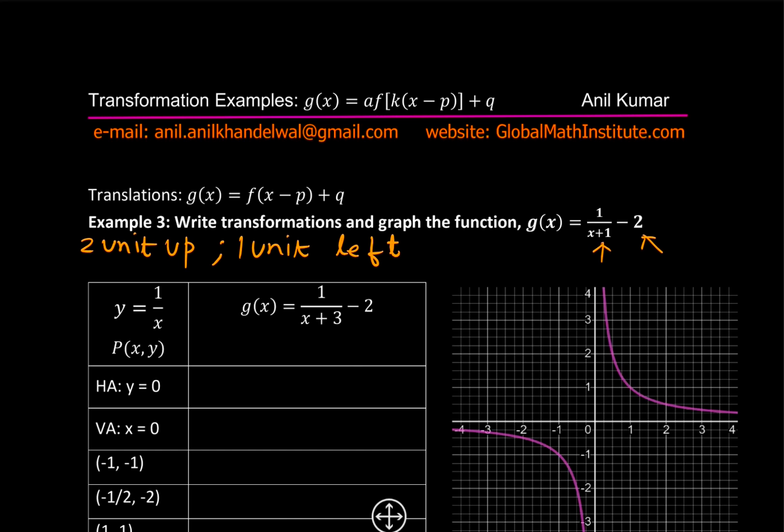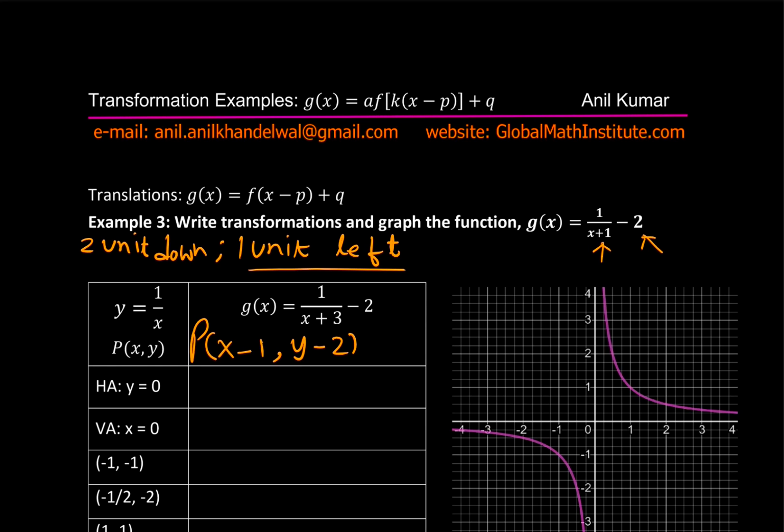Now, 1 unit left corresponds to the change in x value. So that means the x value will be 1 less. 2 units down, sorry, not up, it is down. So let me erase this. Minus 2 means the y value will reduce by 2. Clear? So that is the transformation taking place.